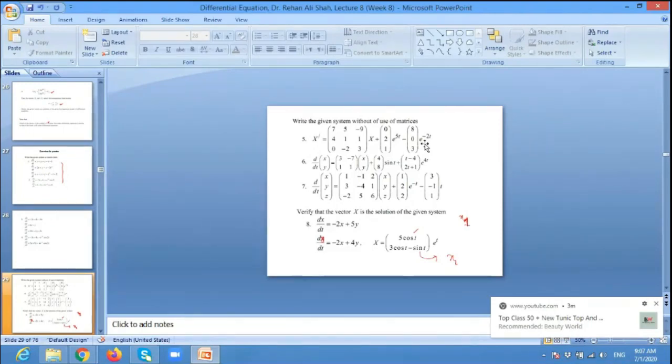Let's see. From the left side there will be x1 dash. x1 dash will become 7x1 plus 5x2 minus 9x3 plus 0 e power 5t minus 8 e power minus 2t. This is the first equation of the system. Is it clear?